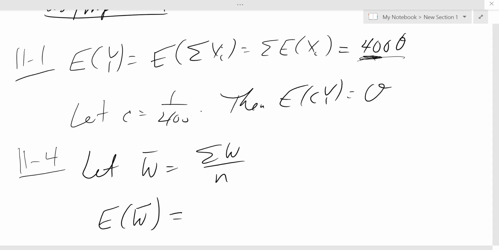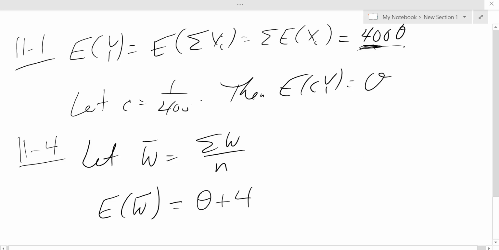For this particular distribution, it's theta plus 4, because theta plus 4 is playing the role of the parameter. So the expected value of W bar would be theta plus 4.